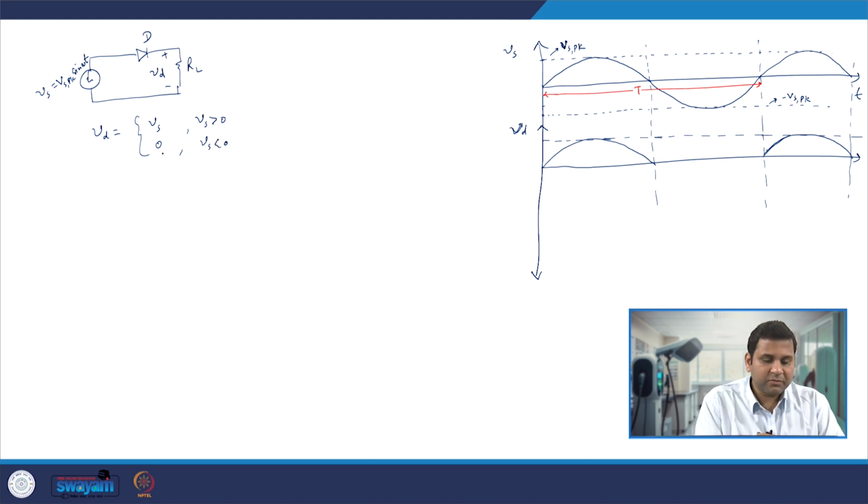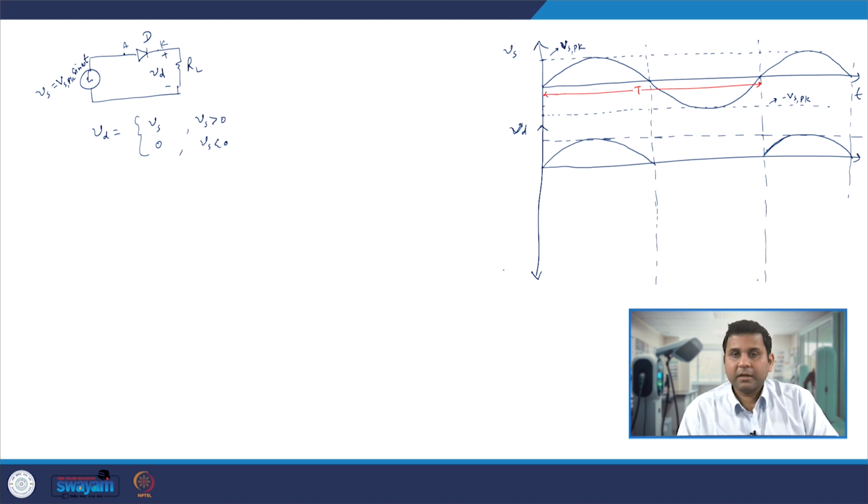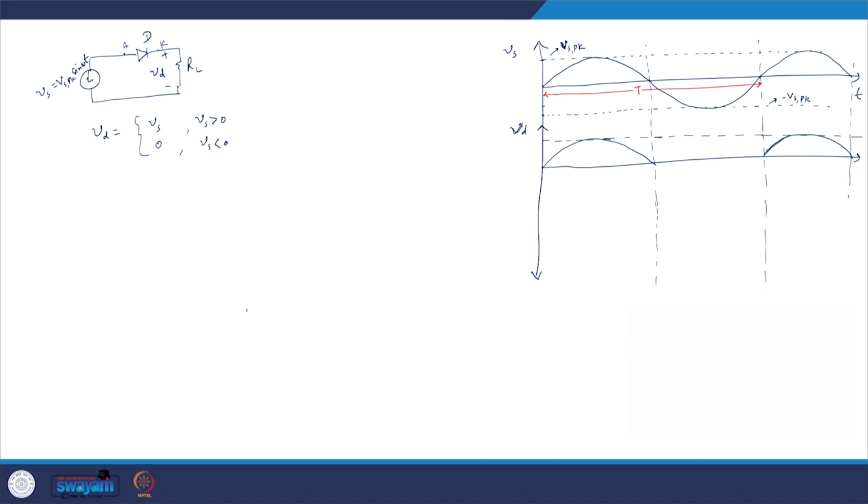Why are we writing this? Because when Vs is in the negative half cycle, the anode of this diode is at negative potential. That is when it gets reverse biased, and it does not allow the current to flow through it, and the entire voltage will be dropping across this diode itself.